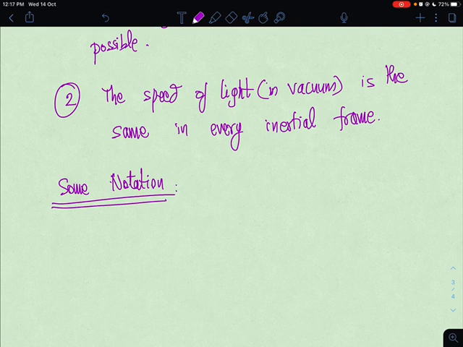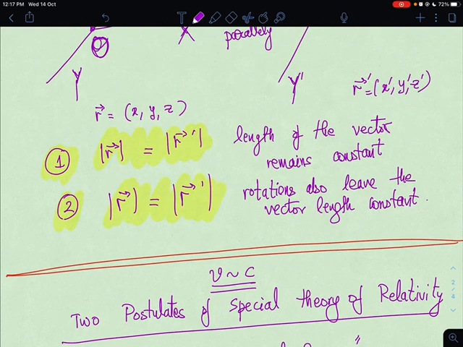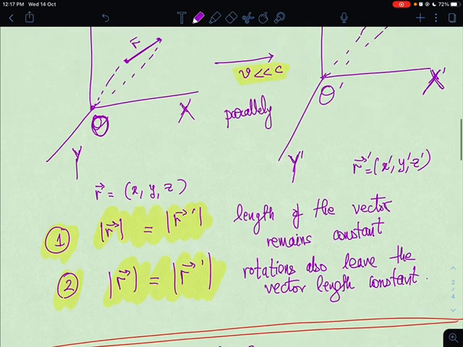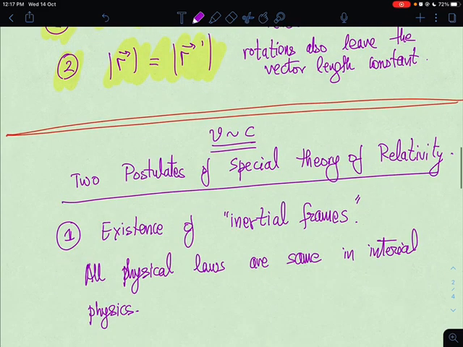Lorentz transformations involve translations in time also. So, for example, here we have treated x, y, z, the space part, and didn't care about time in the Galilean transformations. The time doesn't transform, whereas in Lorentz transformations, the time also transforms.